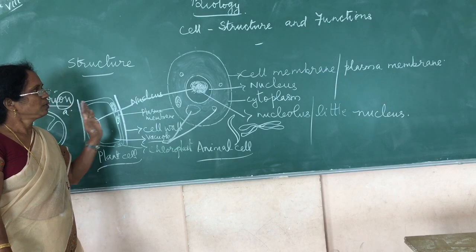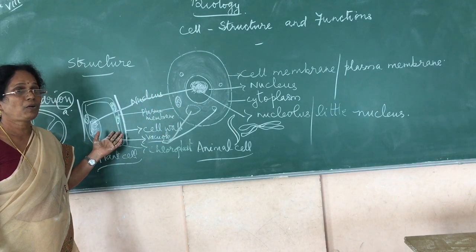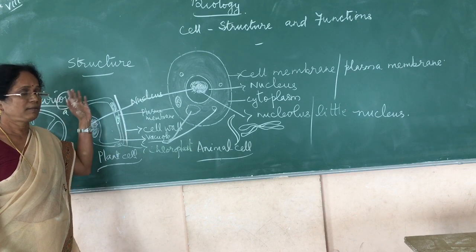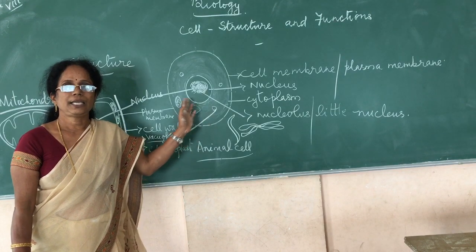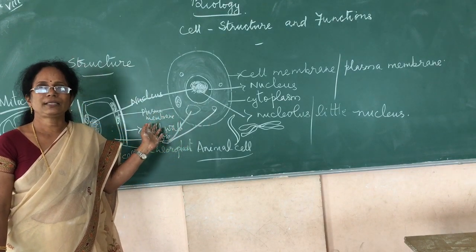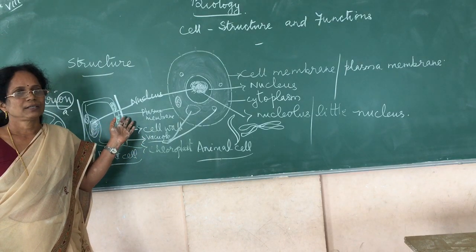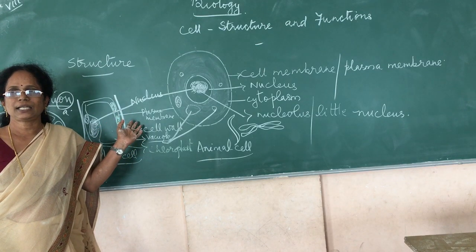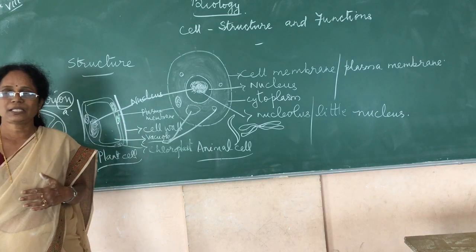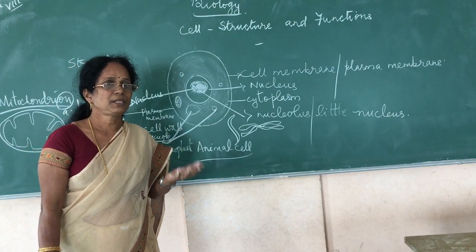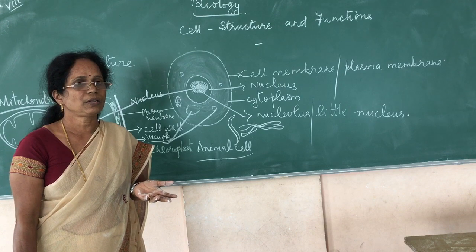See now, these are some of the organelles we are studying about under the topic cells. Cheek cells, onion cells, cells of a leaf, cells present in the skin, cells present in the heart, cells present in the bones, cells present in the nerves. Nerves are called neurons.